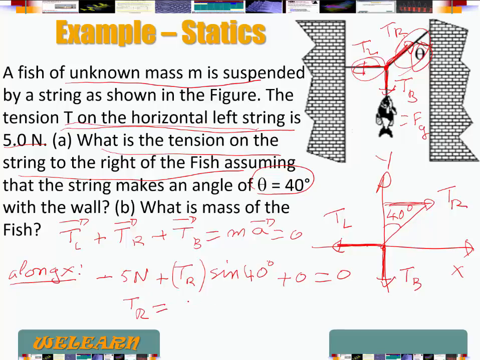So TR is equal to 5 newtons over sine of 40 degrees. All I did was move the 5 newtons to the other side and then divide both sides by sine of 40. Which is equal to 7.8 newtons.